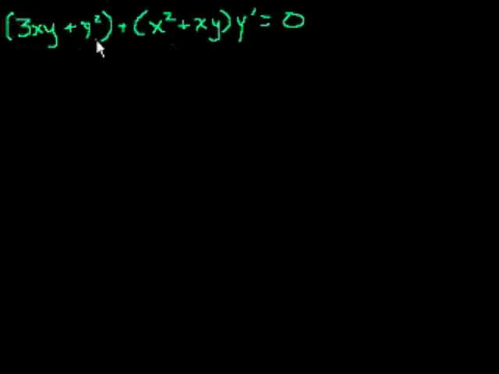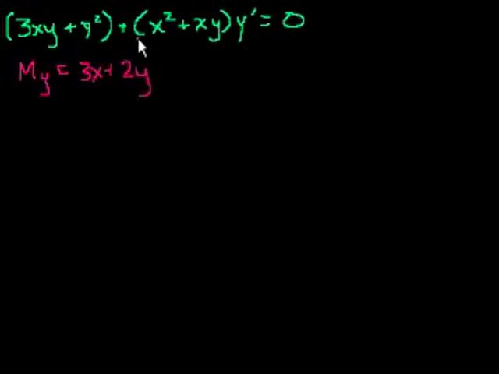Well, we can take the partial derivative with respect to y of this function of x and y, which we'll call M. The partial of M with respect to y would be 3x plus 2y.